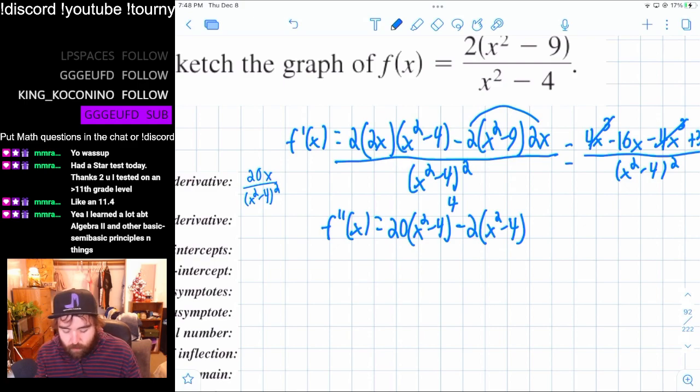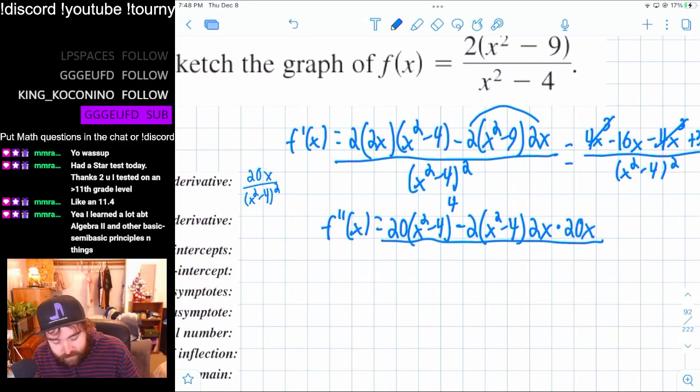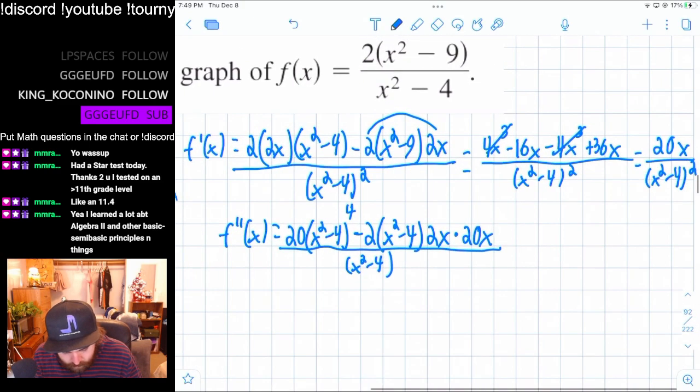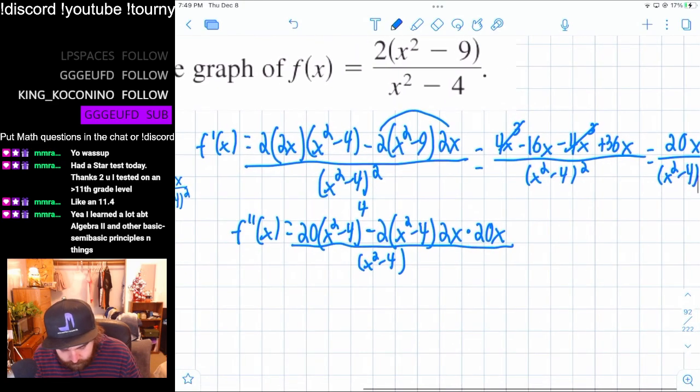So that's the power rule: 2 to the front, power decreases by 1, multiply by the derivative of the inside, times 2x. And then multiply by the original top, times 20x. And now it's going to be divided by all of that to the 4th.